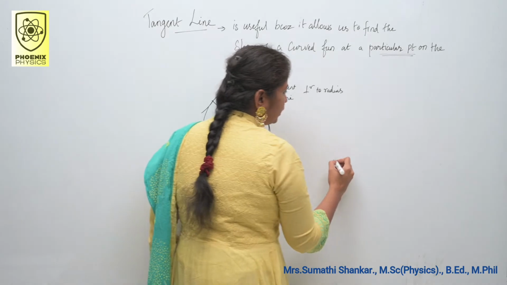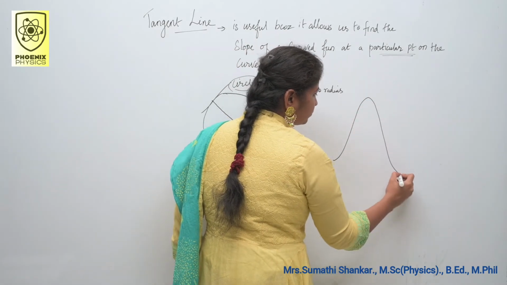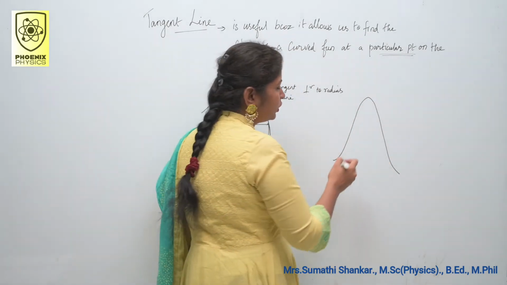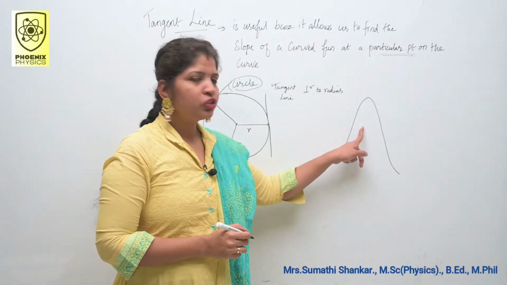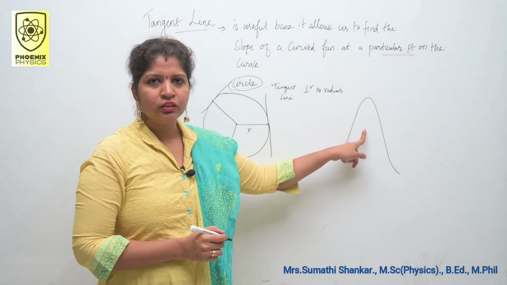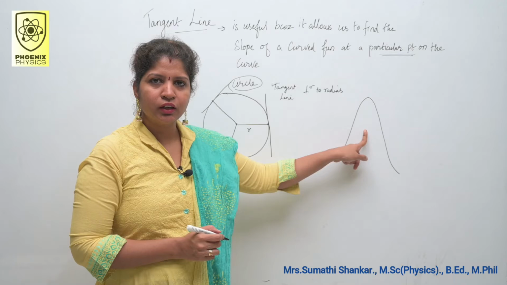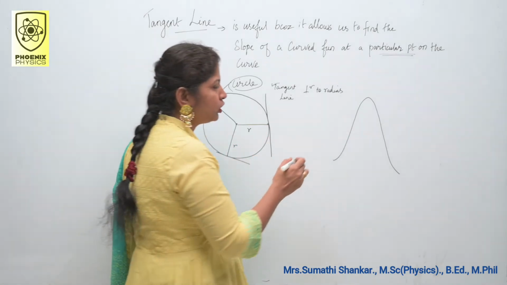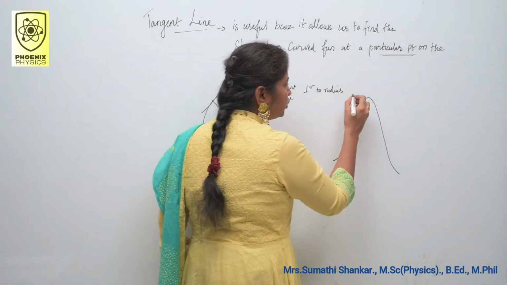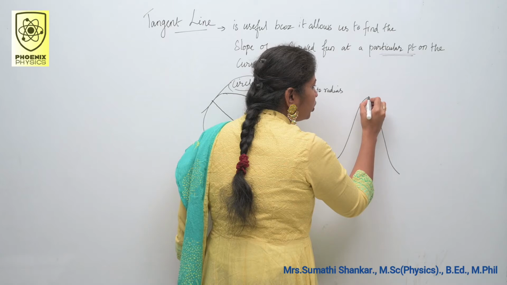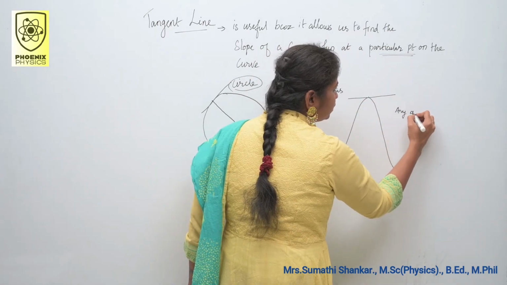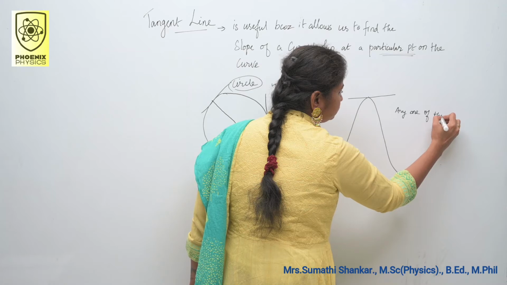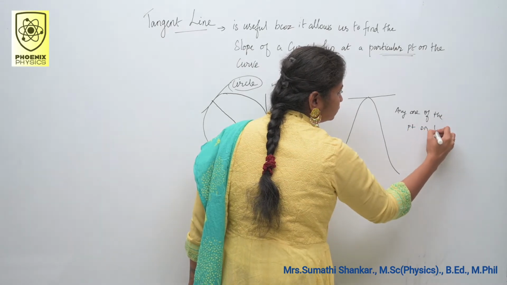Suppose I get a graph like this. How do you draw a tangent line? Here this shape does not have a radius. Then how do you draw the tangent line? Here is one important rule: the tangent line should touch any one of the points on the curve.